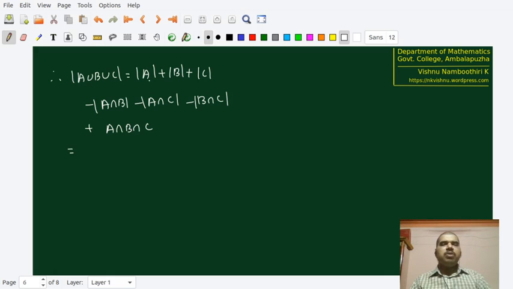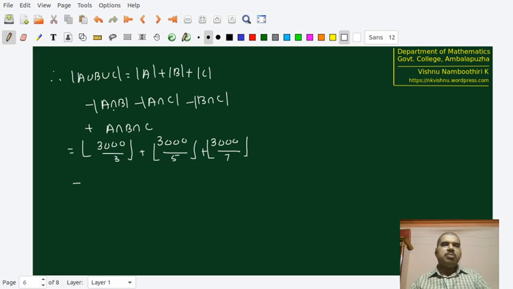Now, number of elements in A, that is the number of multiples of 3 in the range 1 to 3000, that is 3000 by 3 plus 3000 by 5 plus 3000 by 7. Now minus, what is A intersection B? A intersection B is the number of positive integers that are multiples of 3 and 5.